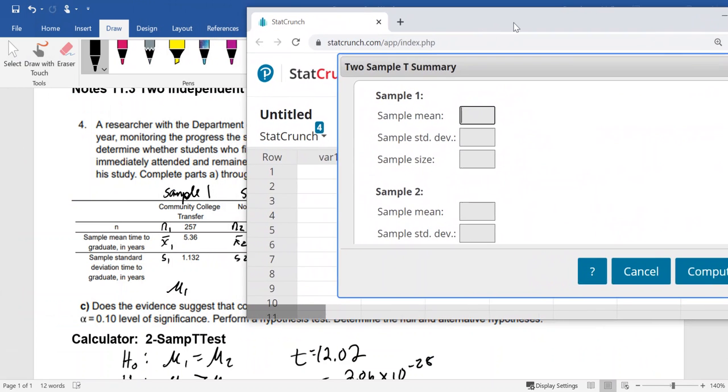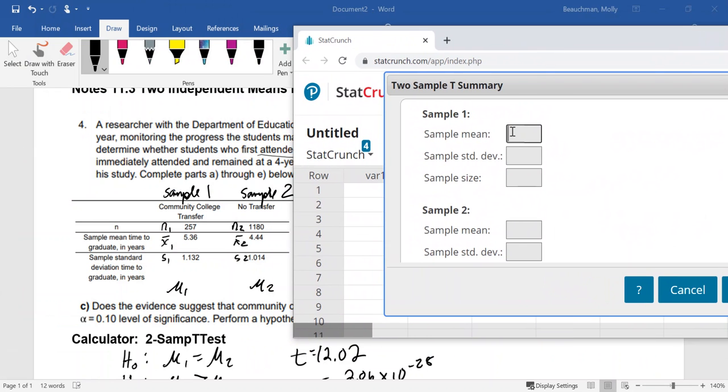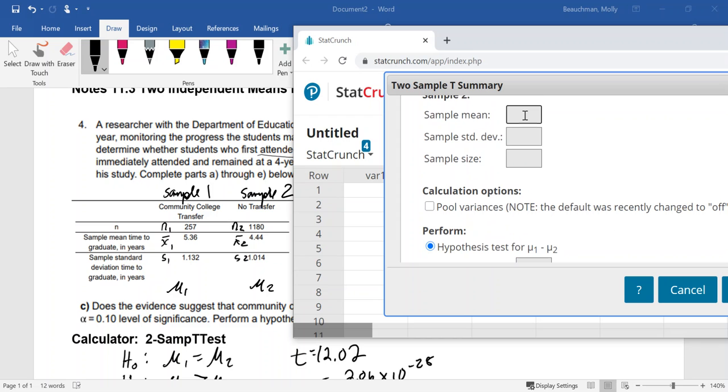Okay, so the sample mean for sample 1 is 5.36, standard deviation 1.132, and then the sample size of the first sample is 257. Then we put in sample 2, a mean of 4.44, a sample standard deviation of 1.014, and a sample size of 1180.